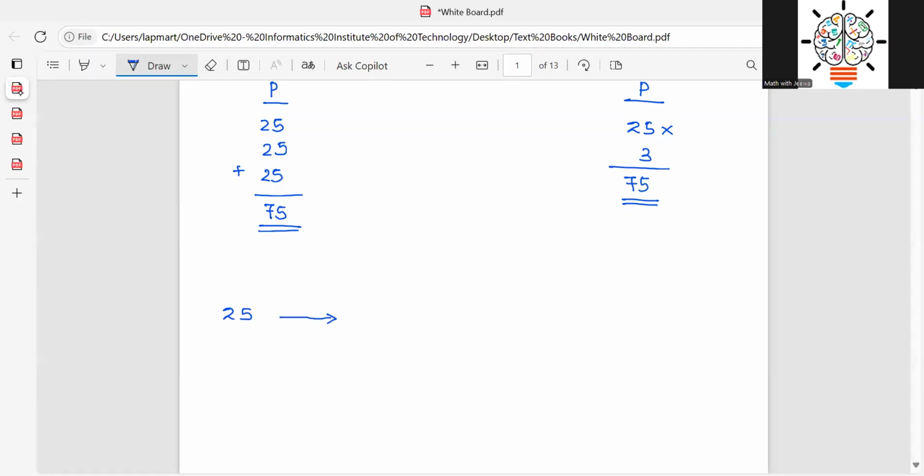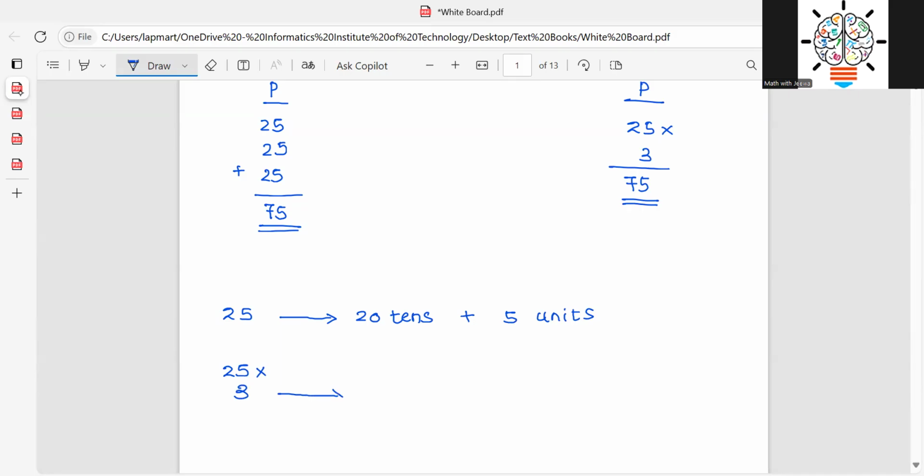We have 2 tens and 5 units, right? Okay. Then if I have 25 multiplied by 3, right?